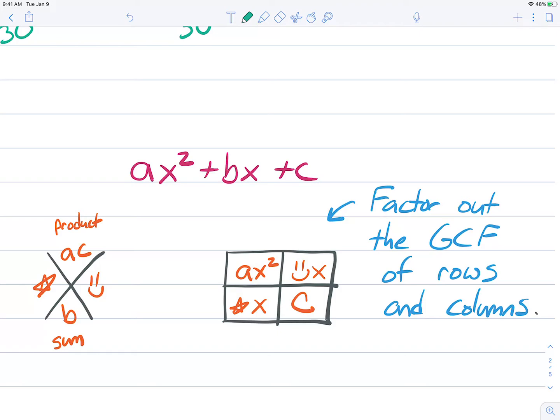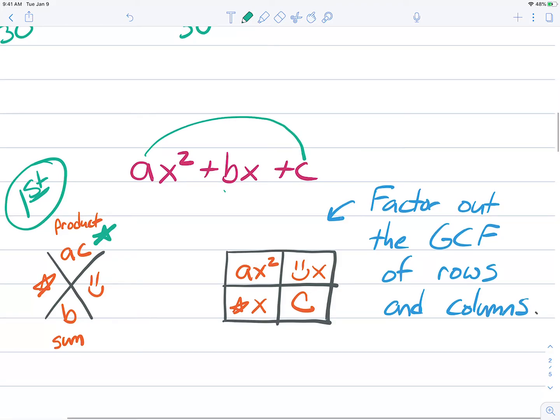So what you first have to say is, okay, what's a, b, and c? A is the coefficient of x squared, b is the coefficient of x, and c is the constant. Your first step is always the diamond, but for the top of the diamond, it's important that you multiply a times c. For the bottom of the diamond, it's still b, and you're looking for 2 numbers that multiply to whatever a times c is and add to b.